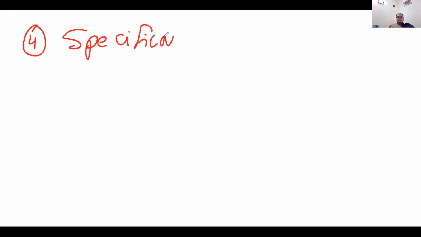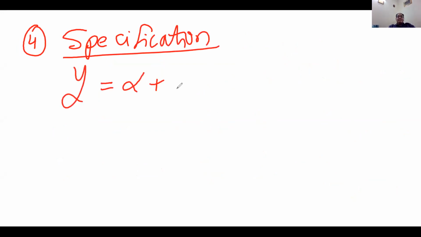Related to this problem, we have one more assumption, called specification error. If we are going to explain the y, we should incorporate all independent variables in the model.